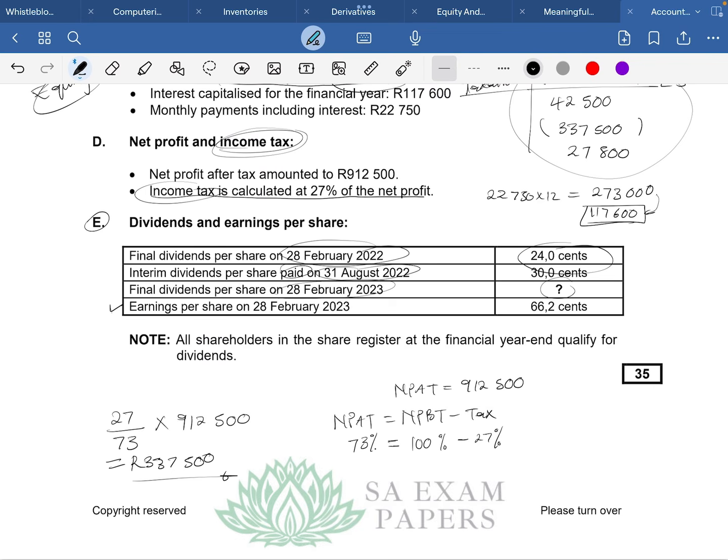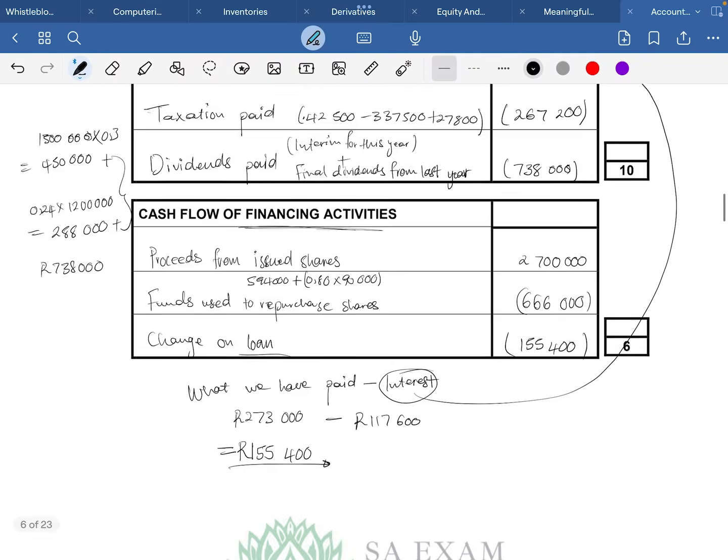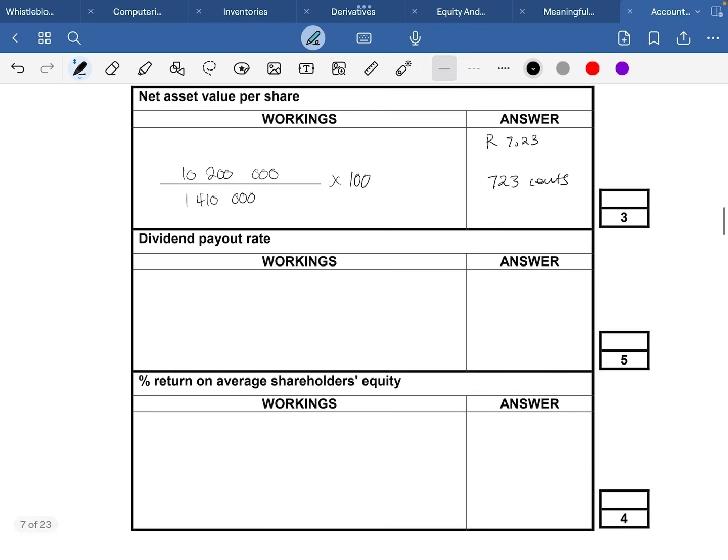The first thing we look at is our denominator. We have earnings per share of 66.2 cents. How much of our earnings have we paid out? Now we're supposed to find what they paid.